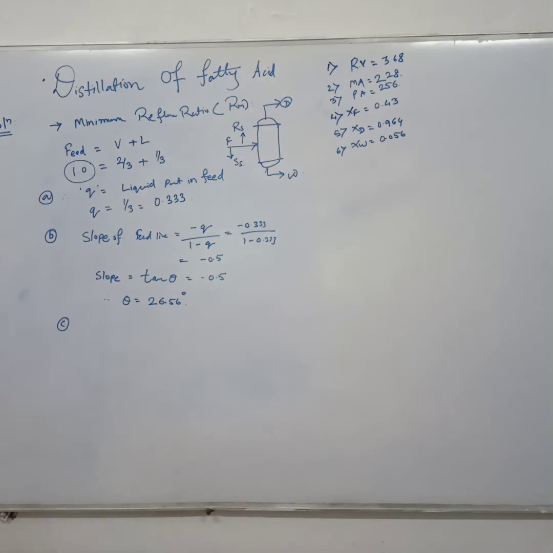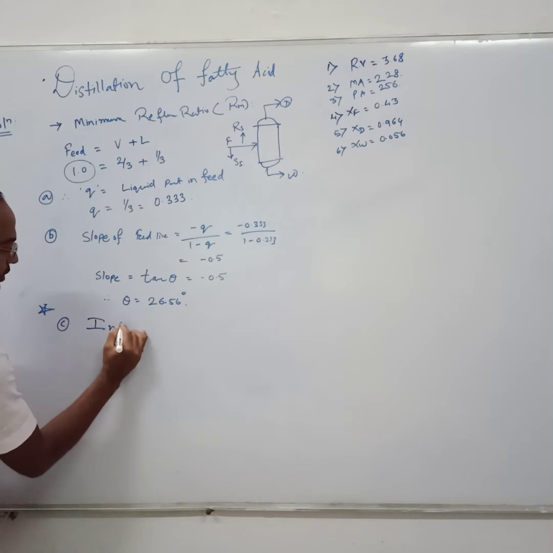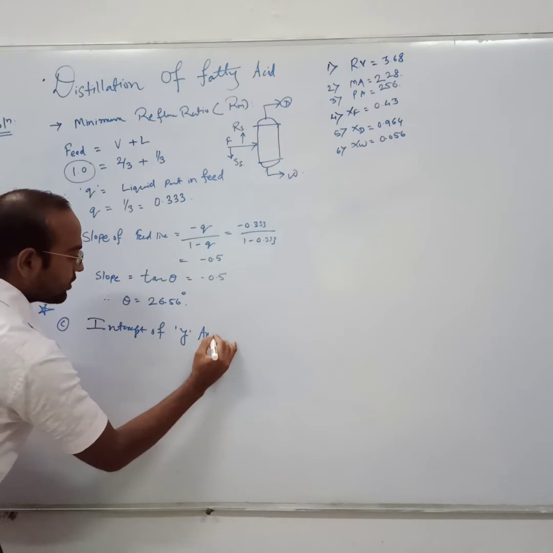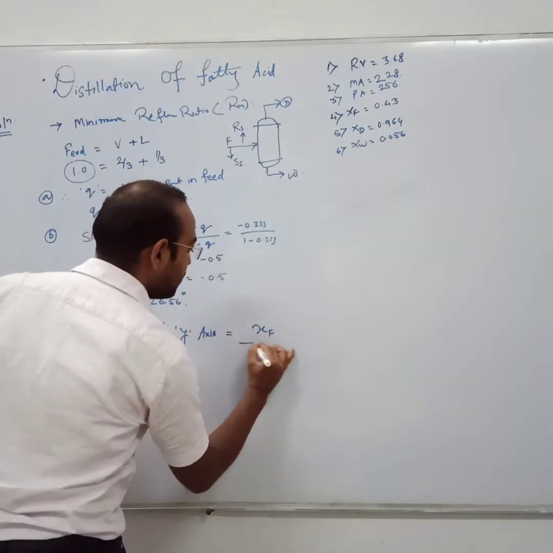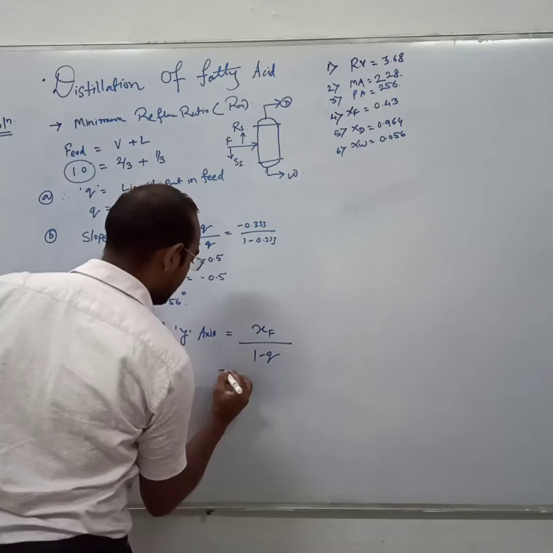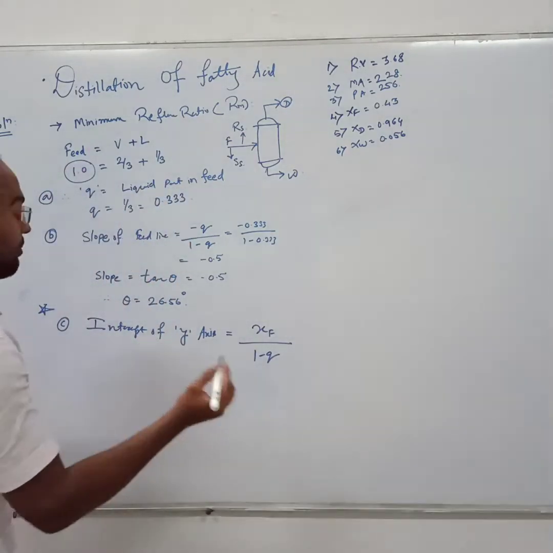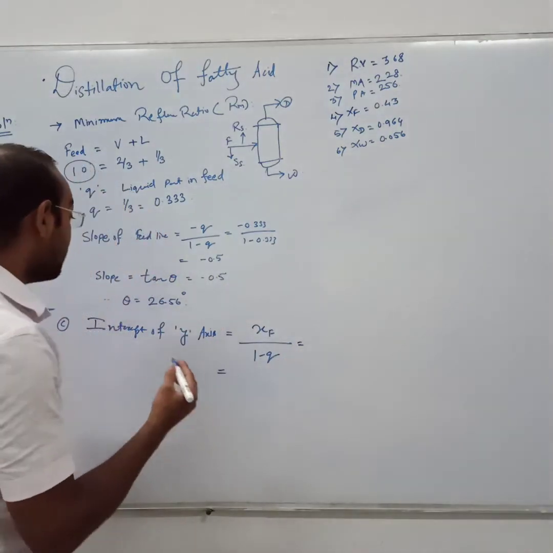Now next, the most important thing we are finding, that is intercept on y-axis. It is the most important thing. How can we find it? Again by a small formula, xf upon 1 minus q. Okay, so instead of just remembering all these small formulas to calculate the values, we just try to understand it.